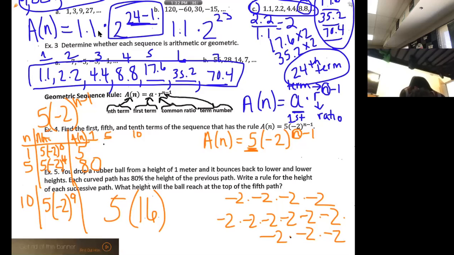What is -2 to the 9? -2 to the 9th was -512. -512 times 5 is -2,560.